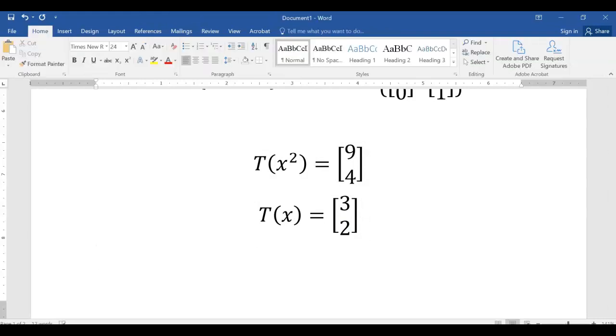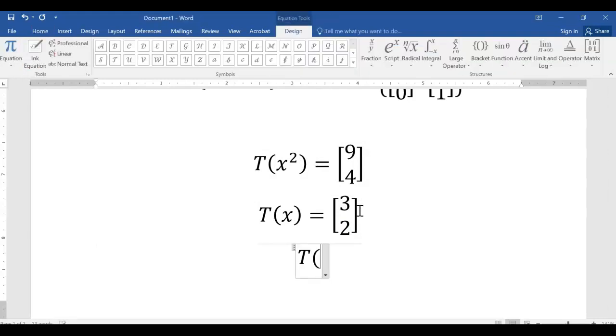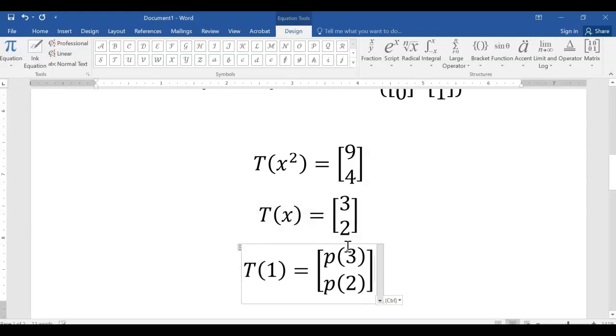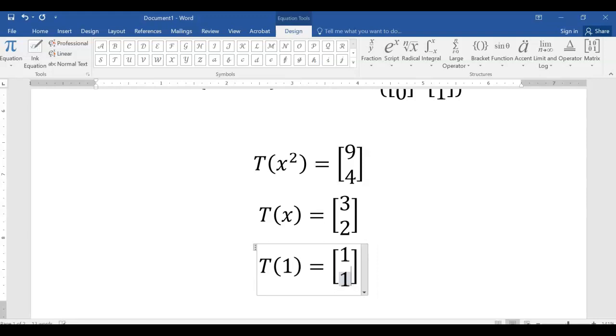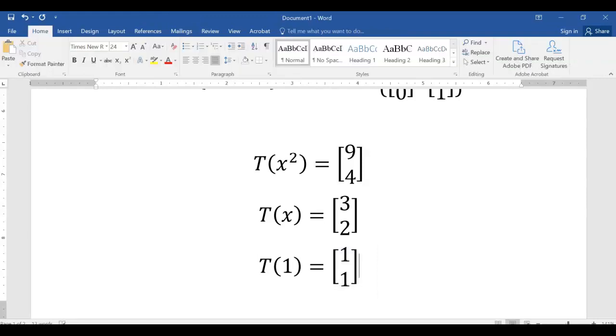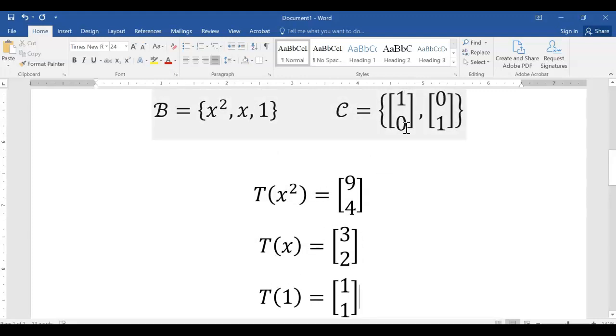Now what's going to happen when it's a transformation of the constant 1? Well, you plug in 3 into this polynomial, and there's nothing to plug it into. You just end up with 1. Plug in 2 into that polynomial, just end up with 1. So notice that these vectors are the vectors under my standard basis.